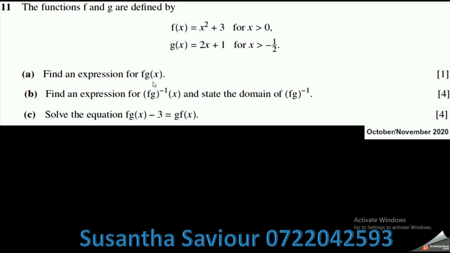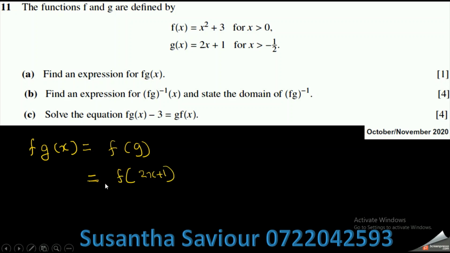Then what we do is we substitute inside f the function g. We will look at the steps here. F of g(x), that means in the function f we apply g, right? Wherever you find x, you apply the whole g function there, that means 2x plus 1.